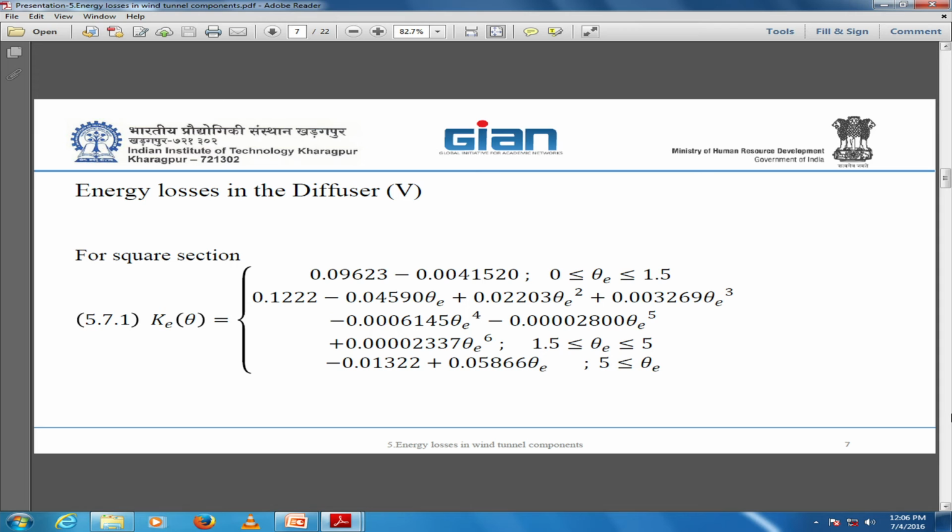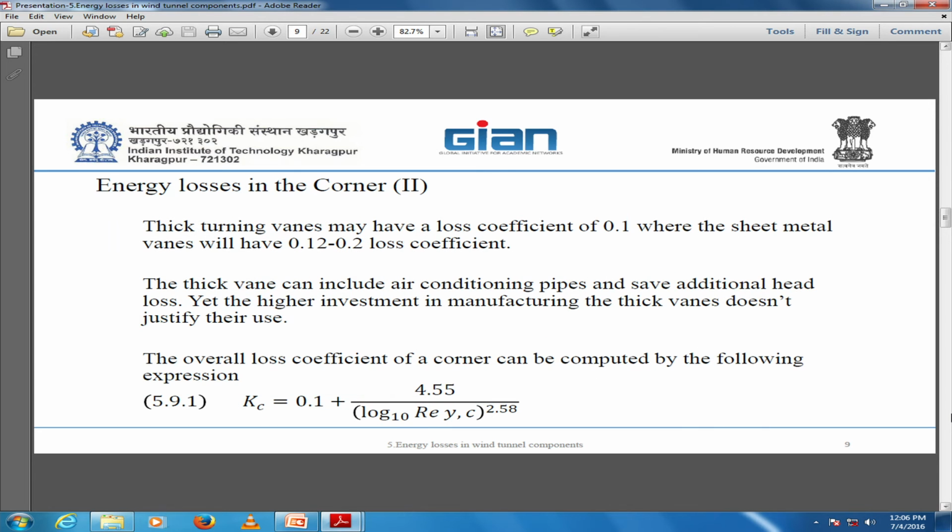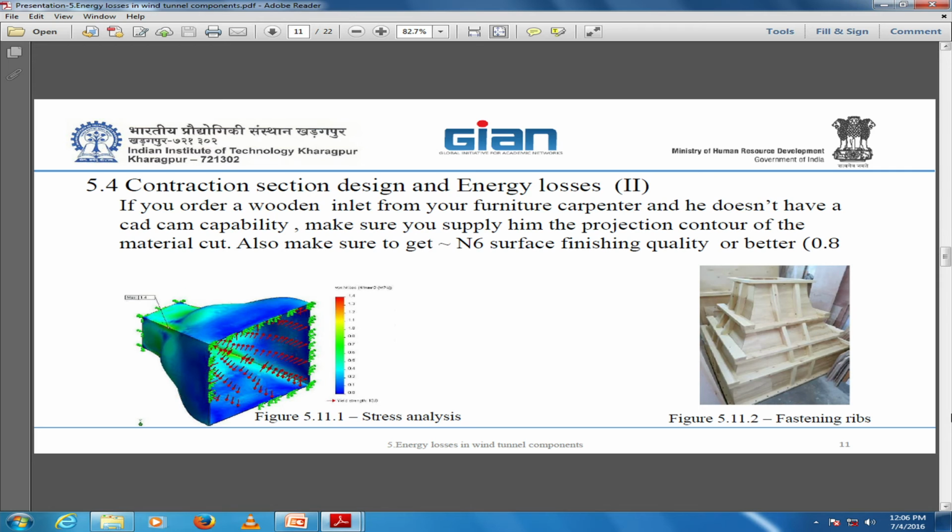Just correct, please, that x in the formula is physically x divided by length.